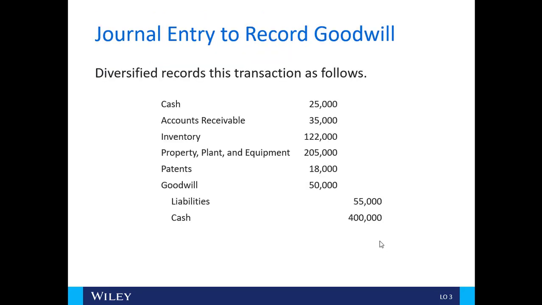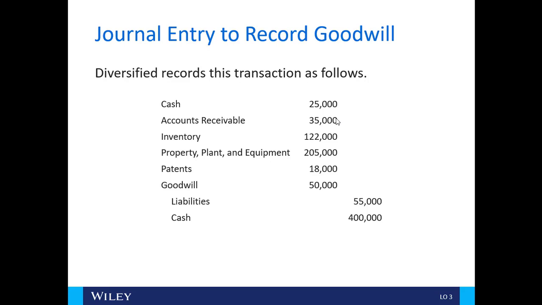So that means that when we bought the company, we have to add all of their assets to us, to write them all up. So all of their assets and liabilities go on the books of the company we bought at the fair value, and we spent $400,000 to buy them. So we bought them for $400,000. When I say we, I mean the parent.